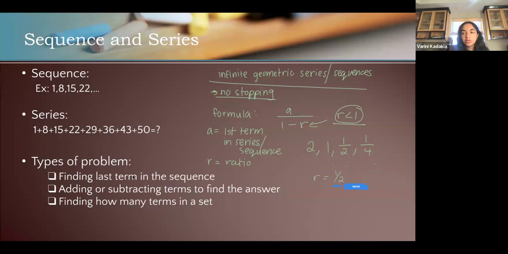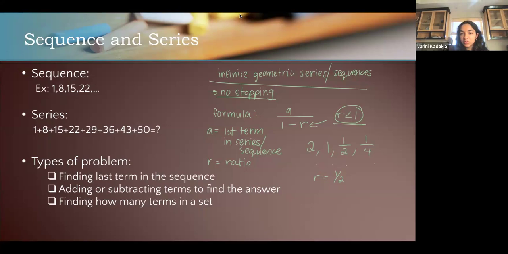Why wouldn't it be 1/2? Does everyone understand why it's 1/2?